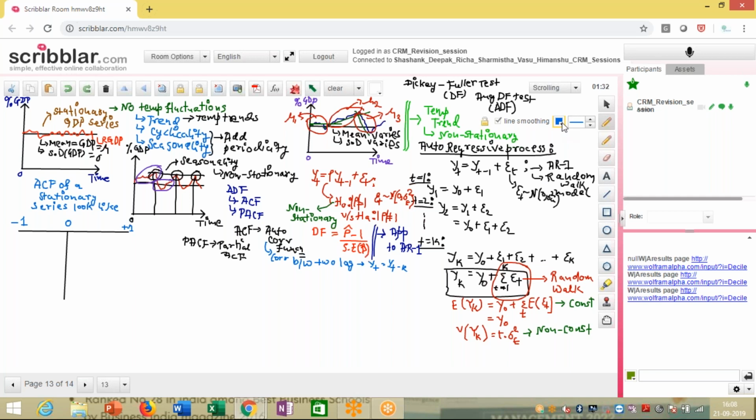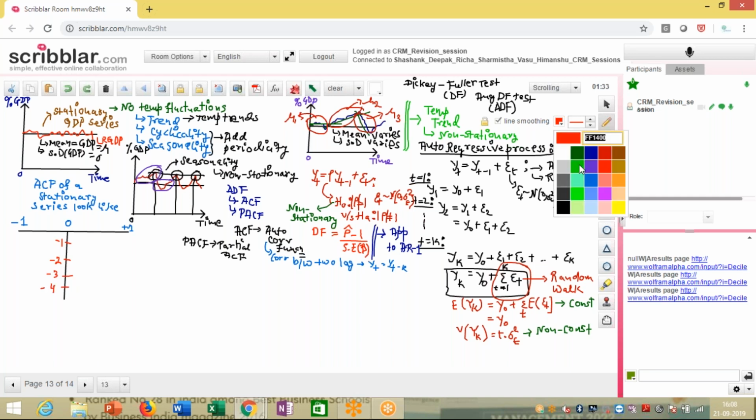Now let's say, so how would this lag look like? Now this is your lag -1 or 1 lag. This is -2. So this is -3. This is -4. And it continues like this, right?